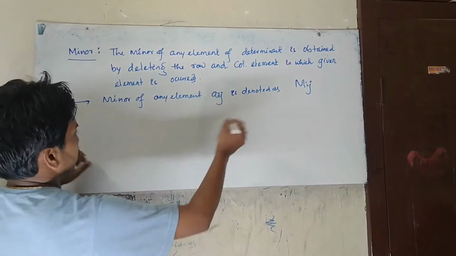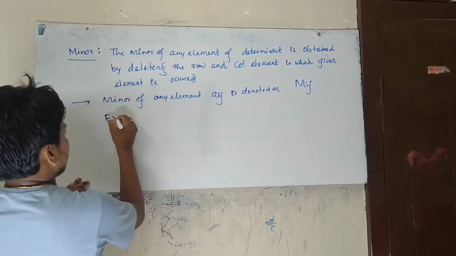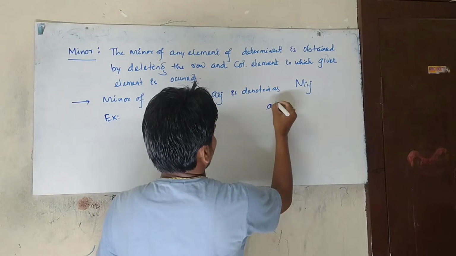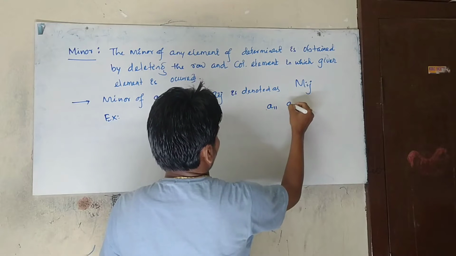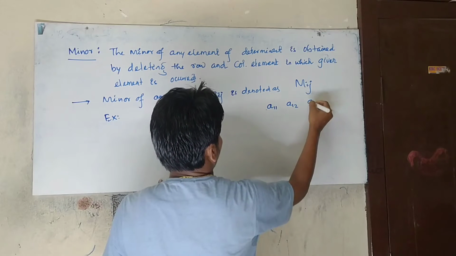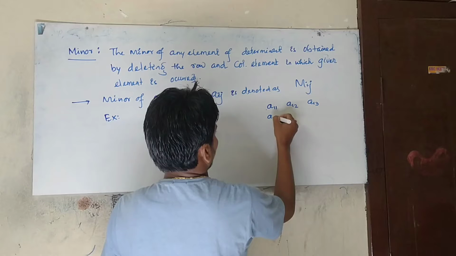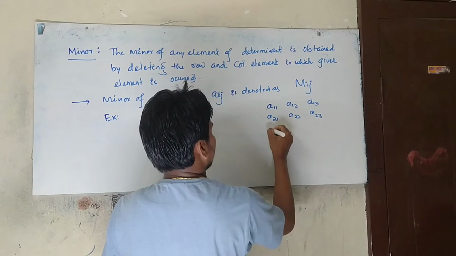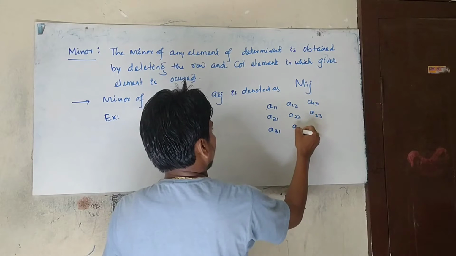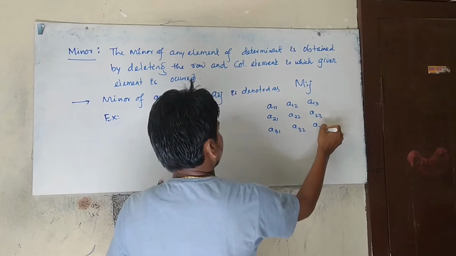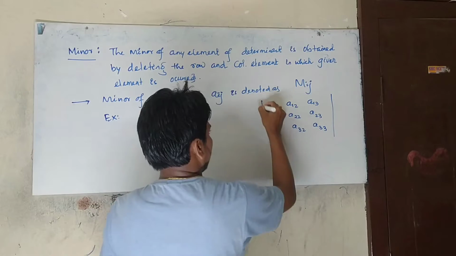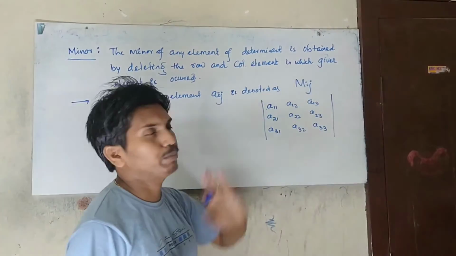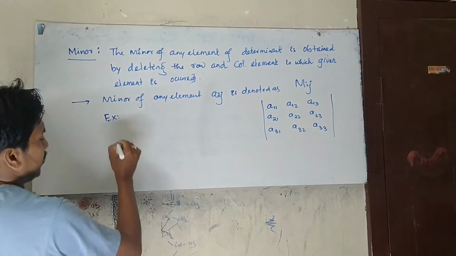I am giving you the example: A11, A12, A13, A21, A22, A23, A31, A32, A33. Now you have to find out the minor of each and every element.